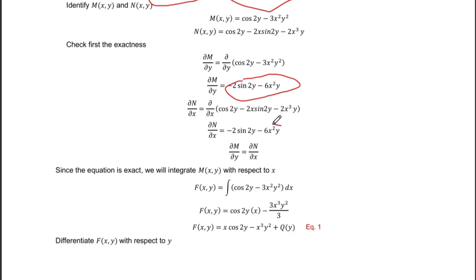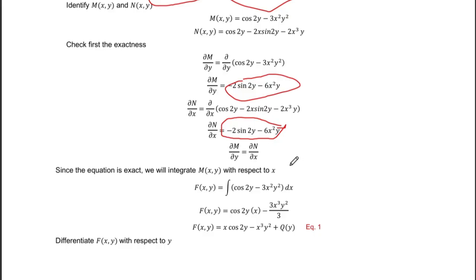So we obtain this. And since they are equal, the partial derivative of M with respect to y and the partial derivative of N with respect to x are equal. Therefore, it is an exact equation.